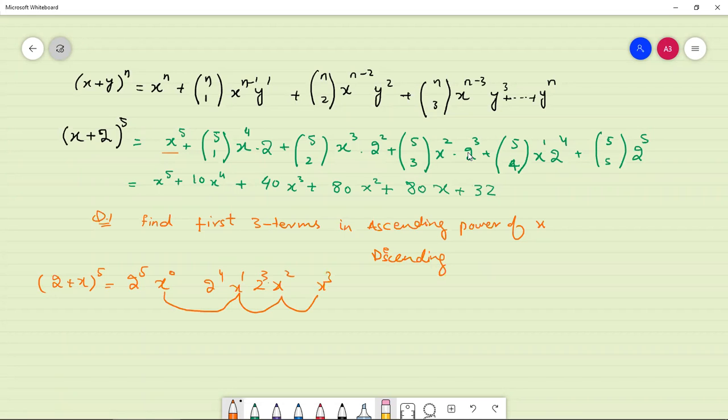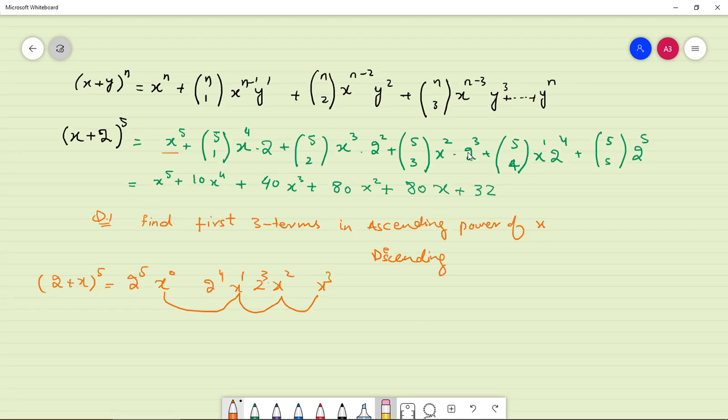This is called ascending power of x. So there is only a small change. If they ask to find the first three terms in descending power, you should write x first. If they ask for ascending, then you have to write the constant term first, and x second. In this way, you will find the ascending and descending order.